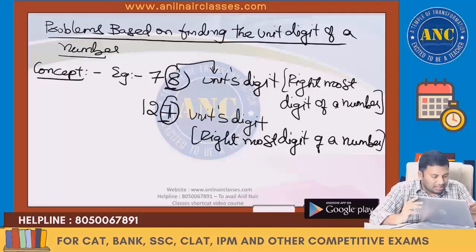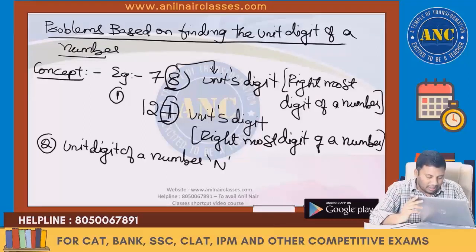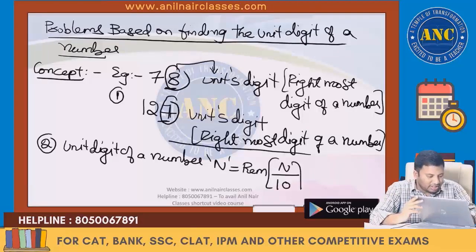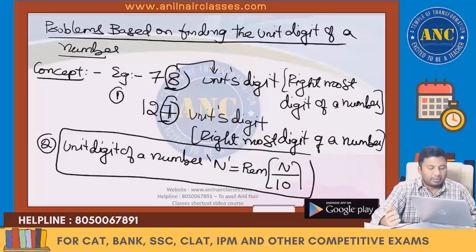Example 1, definition. Example 2, unit digit of a number. The unit digit of a number is nothing but the remainder when you divide the number by 10.